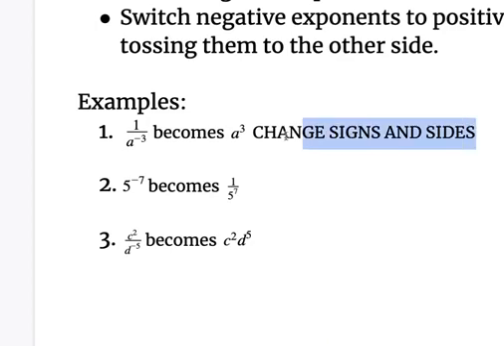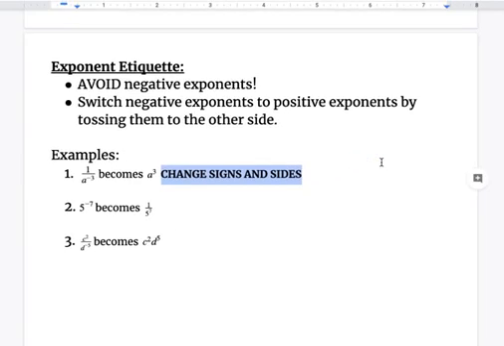So you're not only changing the sign of it, but you're changing which side it's on. If it was on the bottom, it goes on the top. If it was on the top, it goes on the bottom. If you change its sign from negative to positive, you can't just change the sign and move on, because then you've changed the actual value.